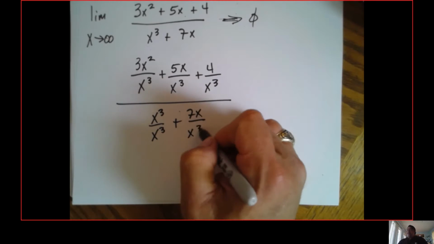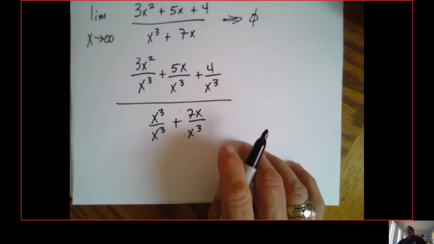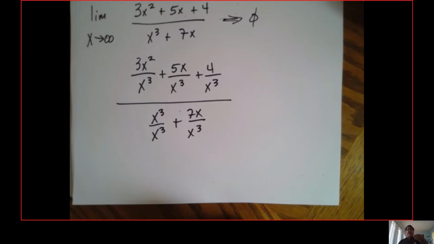It's kind of like you can use completing the square with any polynomial. You can't use factoring with every polynomial. I can use division by the leading or highest degree term. I can do that with any, and it will give me the answer. So division works pretty much with any type.